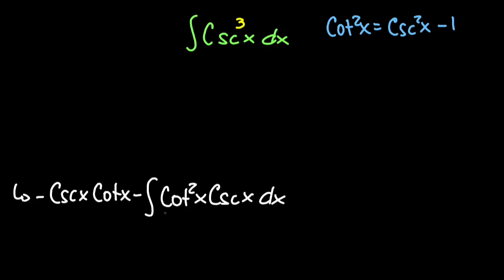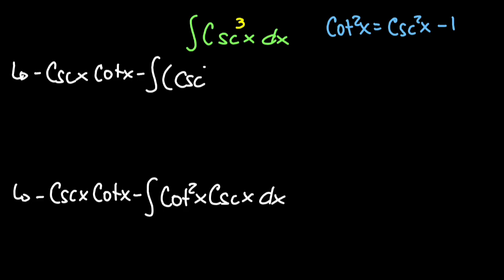In our case, we can directly substitute this one for cotangent squared of x and copy the rest first.